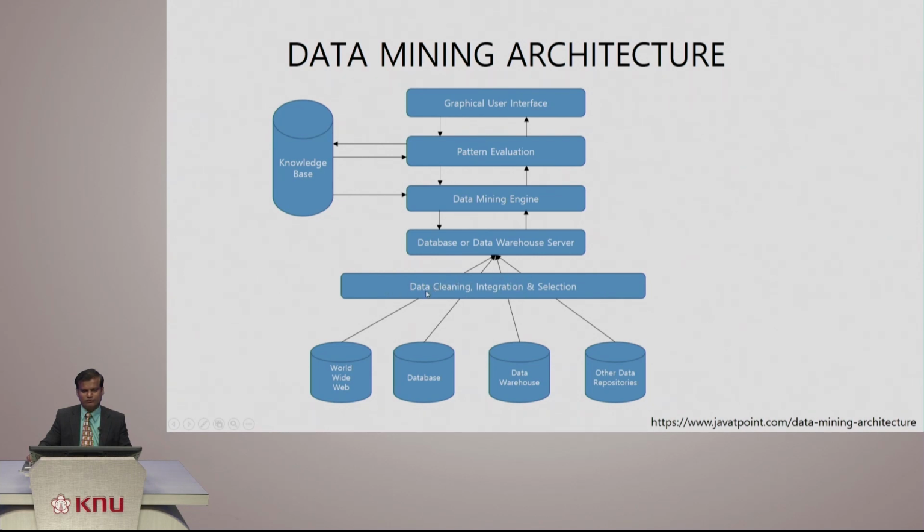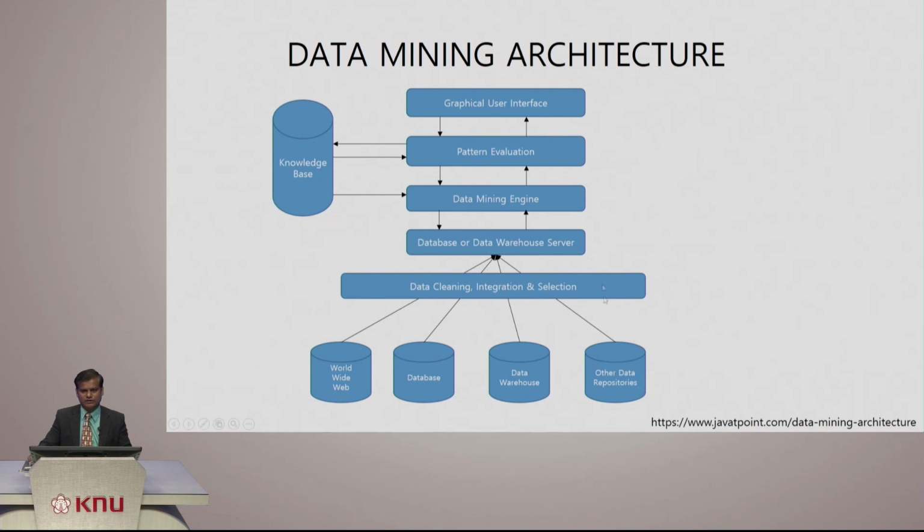In this process, you have to clean data, integrate data, and select the data. These are the initial steps, because we are gathering the data from sensors, the World Wide Web, databases, data warehouses, or other data repositories. As we gather the data, at times you have to integrate the data, aggregate the data, clean the data, and do the selection process.